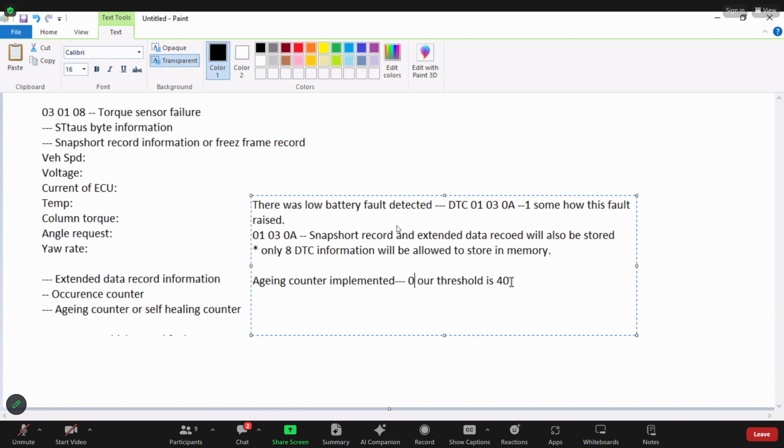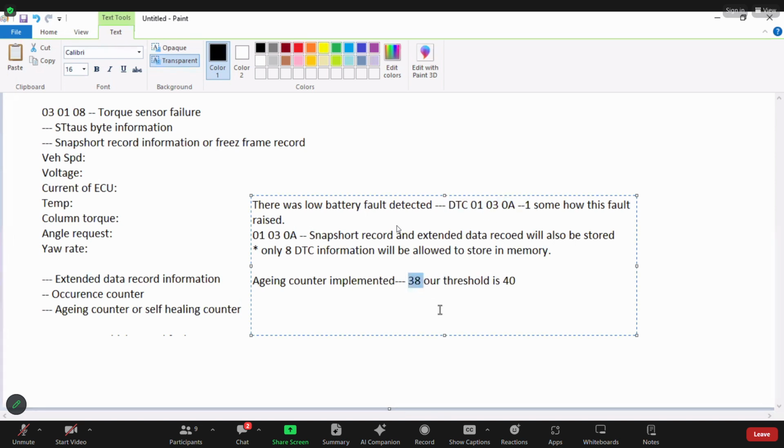If let's say the aging counter is 30 and our threshold is 40 to remove the DTC information from the memory, but when the aging counter is 30 the ECU again detected that DTC fault, then what will happen? The aging counter resets back to 0, and from 0 again it will start counting till 40. Understood? Now again, let's say it reaches 38 and again this DTC was detected.